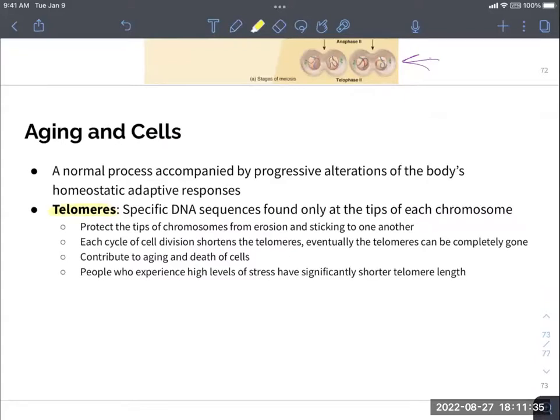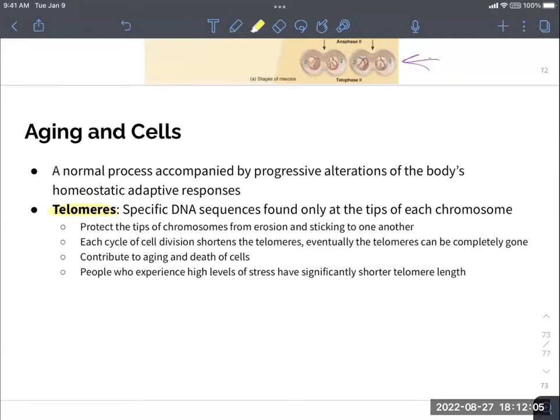These telomeres are specific DNA sequences, but they're only found at the tips of each of those chromosomes, and they help protect the tips from breaking, from erosion. But during each cell cycle, those telomeres get shorter, and then eventually they're gone. And this is what helps contribute to aging. This is what contributes to cell death.